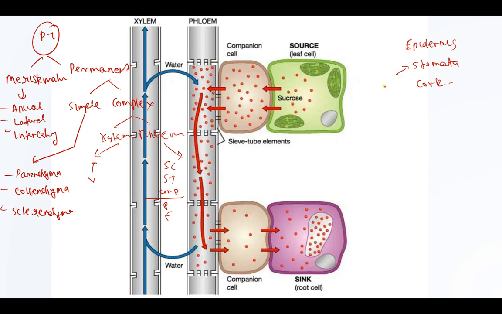Stomata are responsible for transport of gases, and apart from that they perform transpiration. And cork is just an enhanced version of epidermis. This also provides protection to the plants, but epidermis cells are living, while cork cells are dead. Cork is actually an example of secondary growth of plants, generally found in older trees. Right? So I hope this much is clear to you.